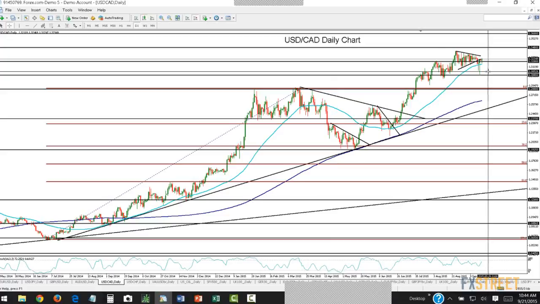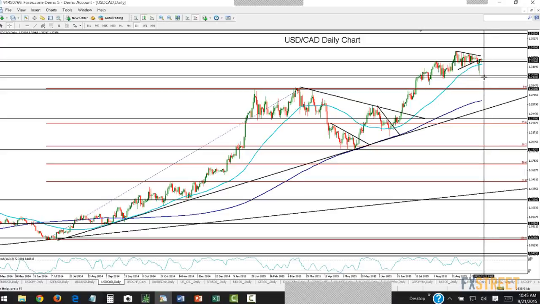Where do I see crude oil going? I don't see it rising very far. If it bounces from being oversold, that's fine. But I don't see it rising very far in the foreseeable future. Why? Because we have these oversupply issues that just keep going, and it's very difficult to alleviate them, especially with Iranian oil coming on the market.